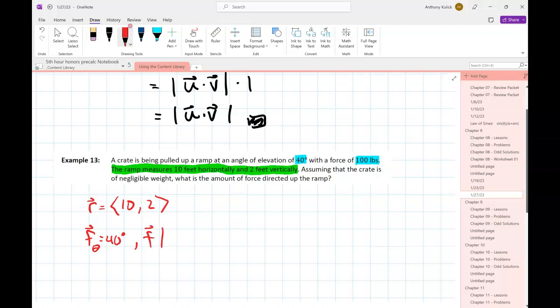But that's fine. I can just resolve that into a component form. I have a formula to do that. So far, so good.